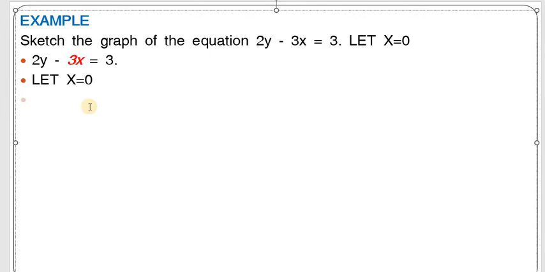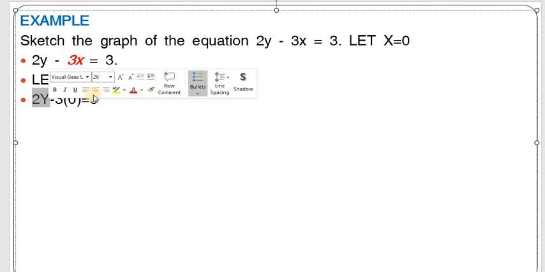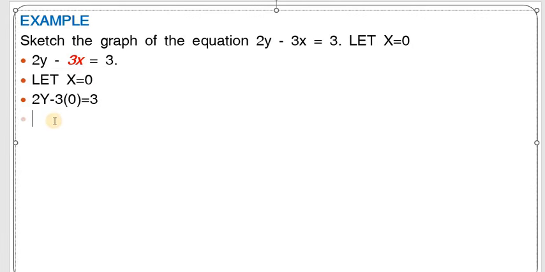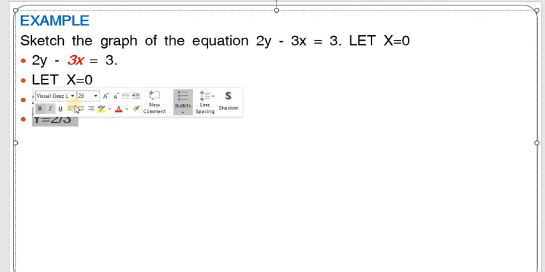So let's say 2y minus 3 times 0 is equal to 3. So now we can solve for y. ለy solve ስናደርግ over 2 እዚህ ጋር over 2 ስናደርግ we get the value of y, which is simply y is equal to 3 over 2 ይሆናል ማለት ነው. So this is simply our first value.